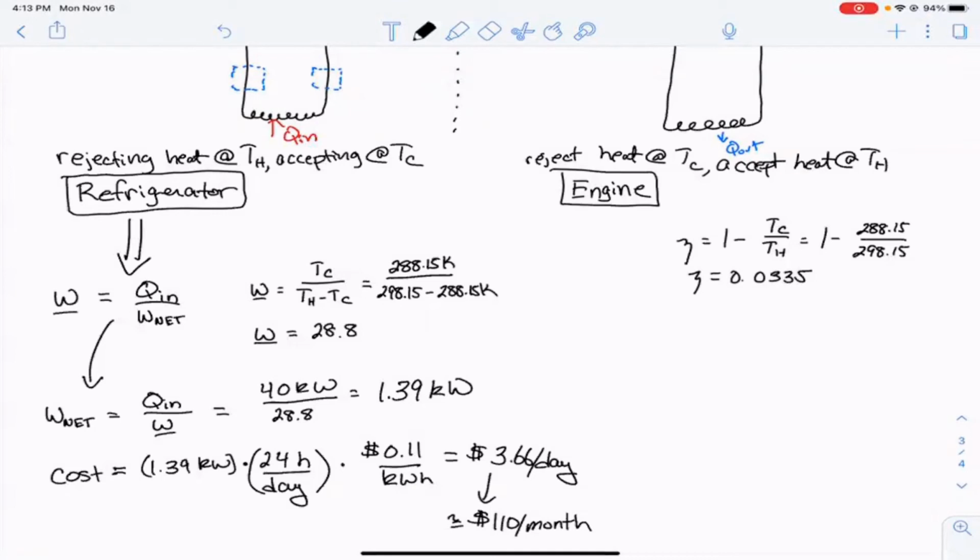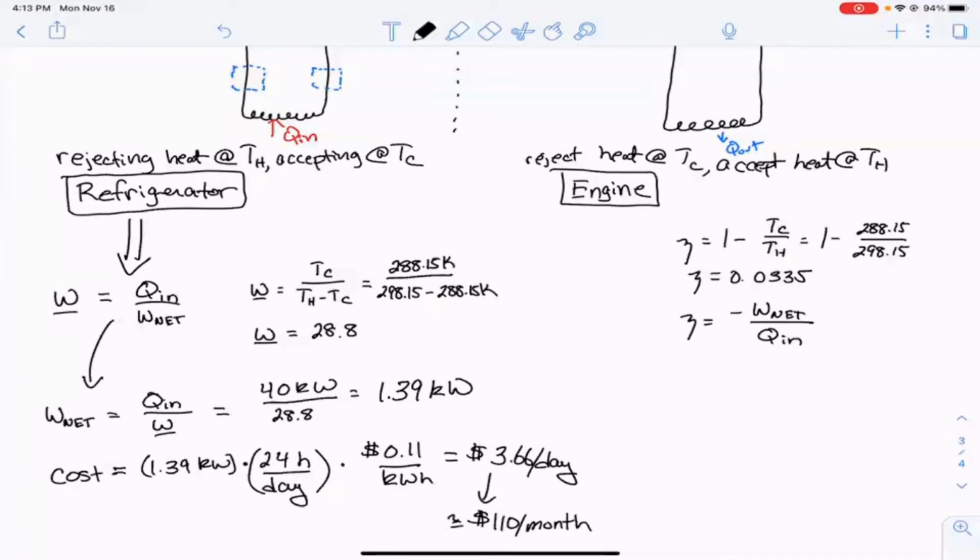And now let's think for just a minute about what the efficiency means. It's the ability to turn the heat that's given into the system into work, right? Because we know that the efficiency is equal to minus the net amount of work that's done divided by the heat that comes into the system.